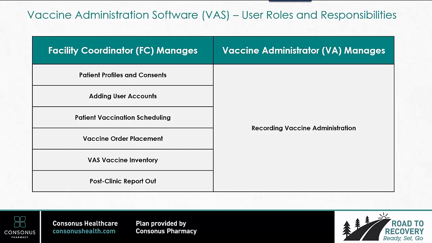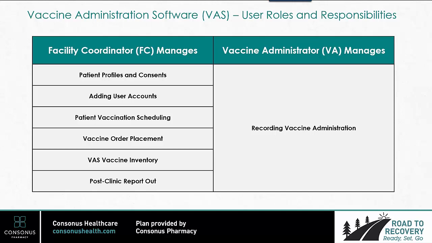The FC is responsible for managing patient profiles and consents, adding user accounts, scheduling patients for vaccination, placing vaccine orders to the pharmacy, assigning in-use manufacturer lot through vaccine inventory in VAS on the day of vaccinations, and submitting a post-clinic report out to the pharmacy.